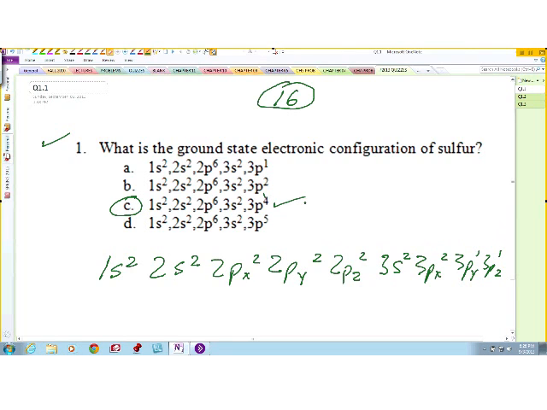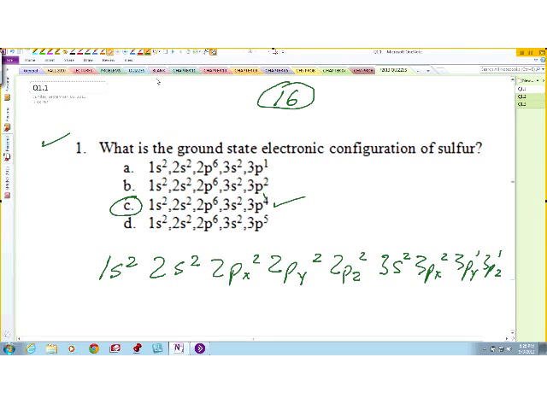Now, supposing I ask you, how many valence electrons does sulfur have? 6? Very good. Sulfur has 6 valence electrons, and those valence electrons start from which orbital? From the 3, exactly.